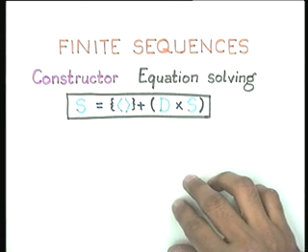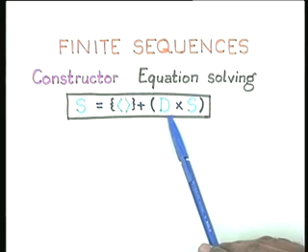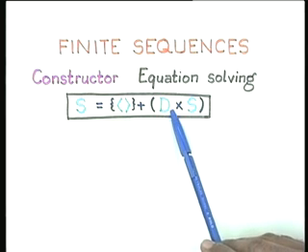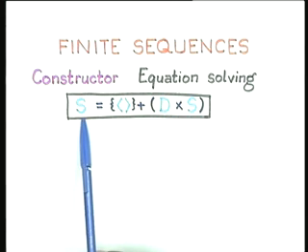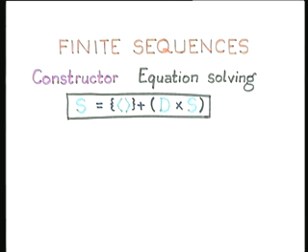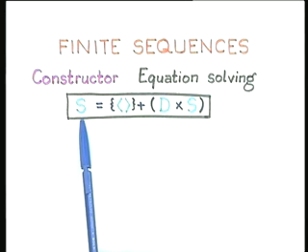So, the main constructor is that of an equational definition. Given some data domain D, I can define this equation in terms of the unknown S. So, S is the unknown.